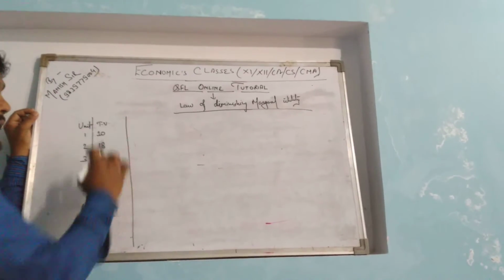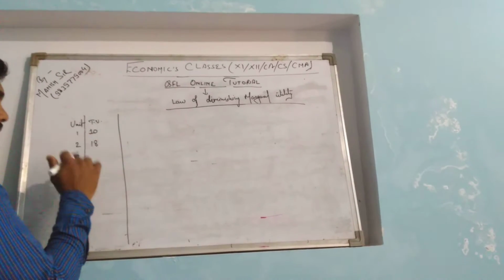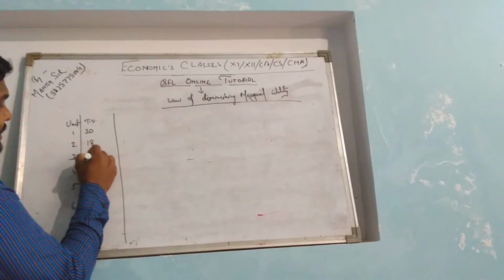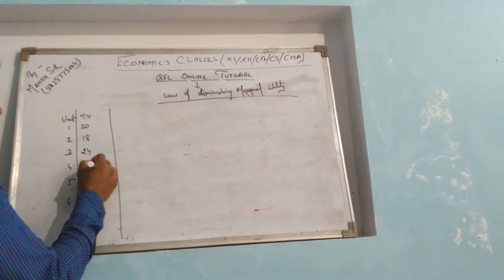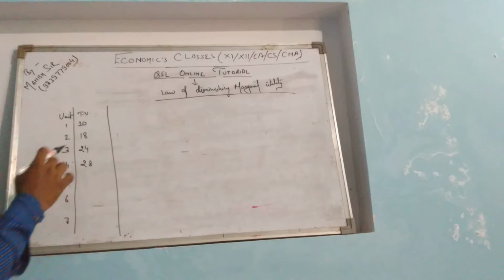So it is increasing at a diminishing rate. Now, तीसरी रोटी खाए और हमारा satisfaction fall कर गया, चौथी खाए और fall कर गया, ठीक, though TU is increasing but change in satisfaction is decreasing.